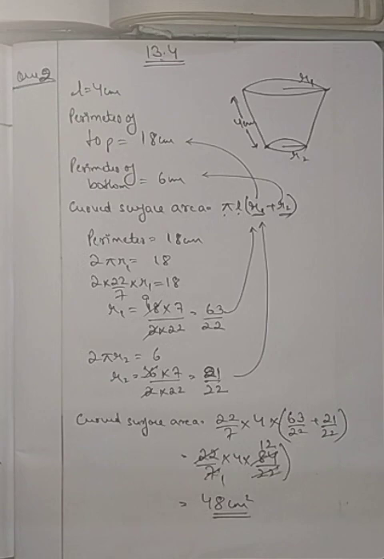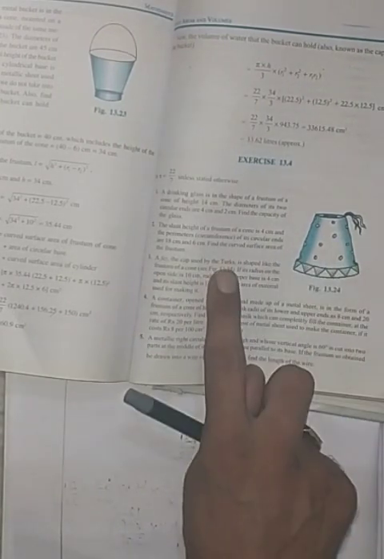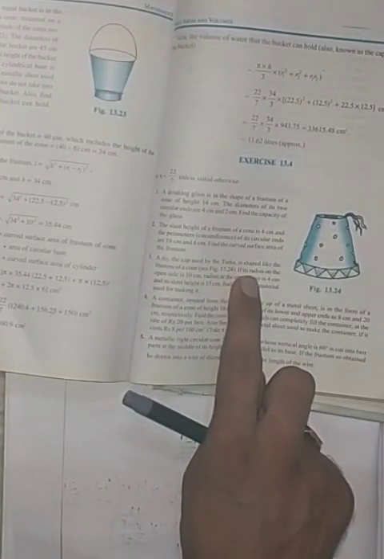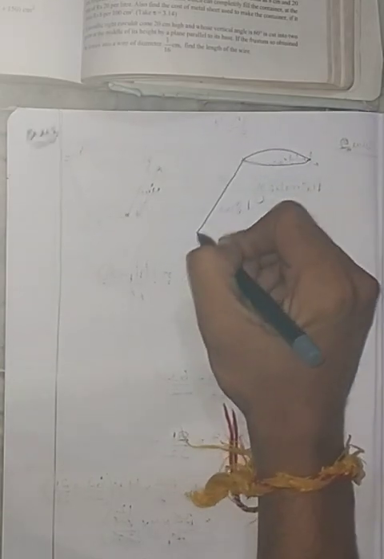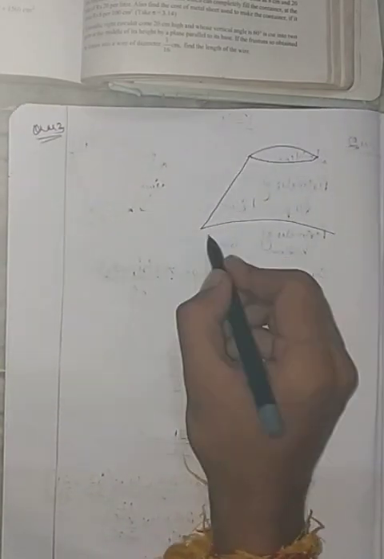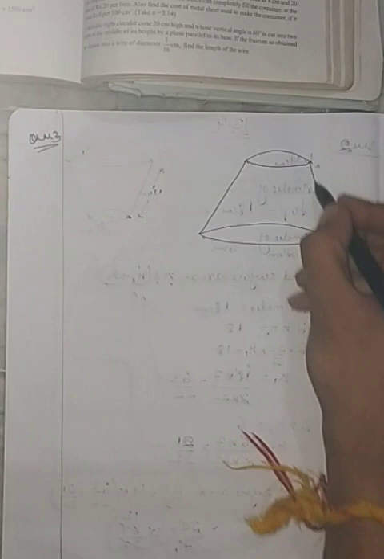Now moving to the next question. The next question that we are going to do is question number 3. What is given? A fez cap. Figure is also given here. A fez cap used by the Turks in the shape of frustum of cone. It is given in this shape, frustum of cone.